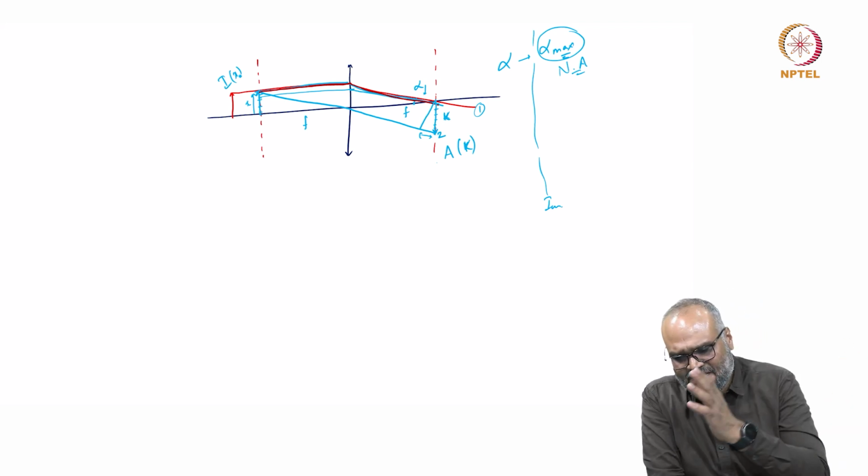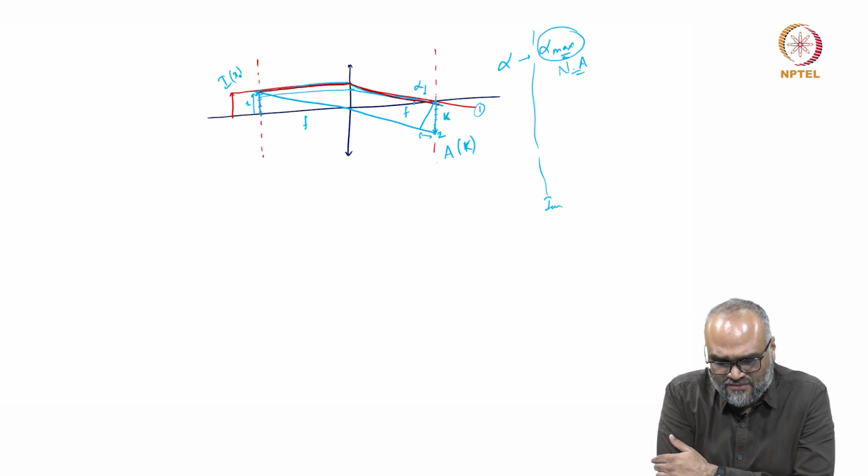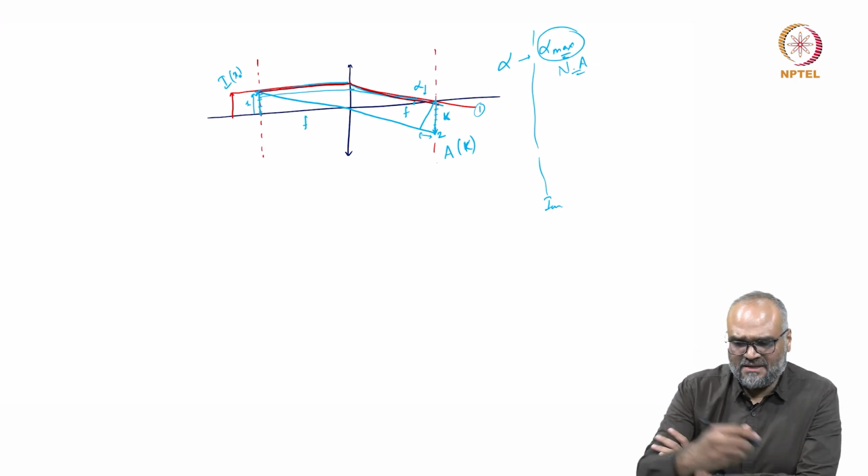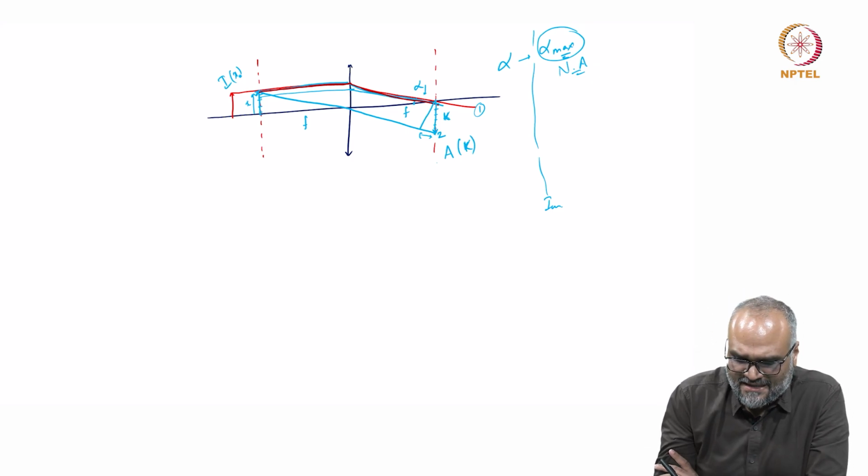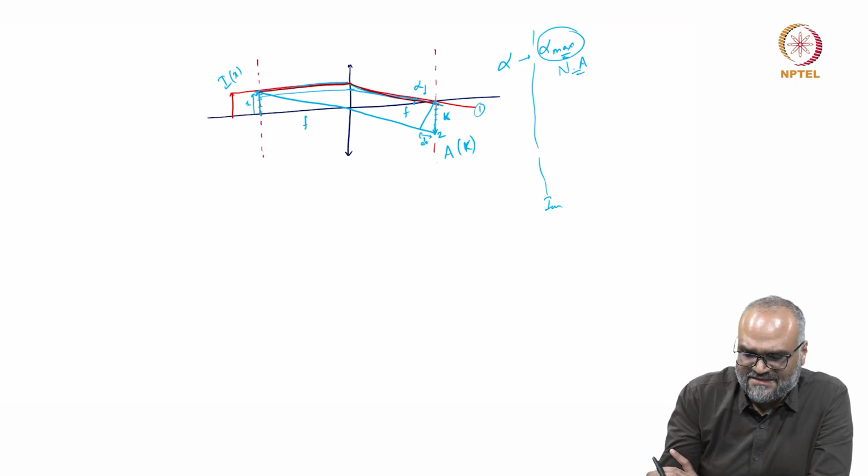from I x to a k. Now, before I relate these two, let me simply understand how this path difference d in terms of this angle alpha is.